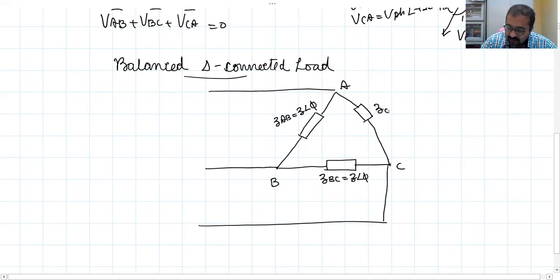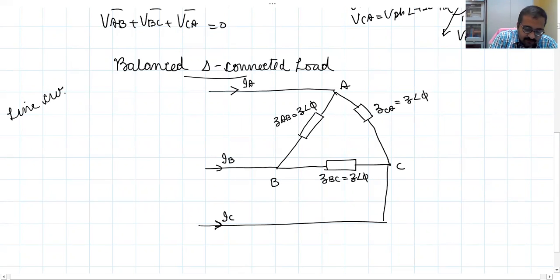Similarly, between C and A, we have ZCA, which is Z angle phi. All the load impedances are equal in magnitude as well as angle. So this is a load, which means current will be flowing towards the load. Let this current be IA, this is the current IB, and this is the current IC through the three respective lines. So IA, IB, and IC are line currents.